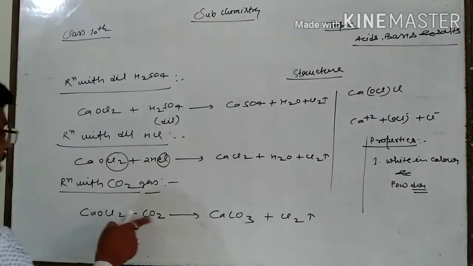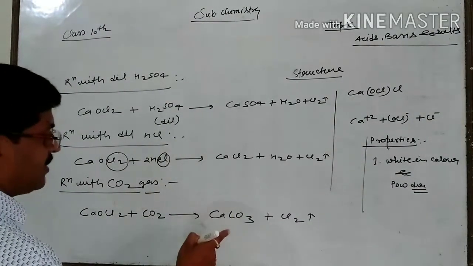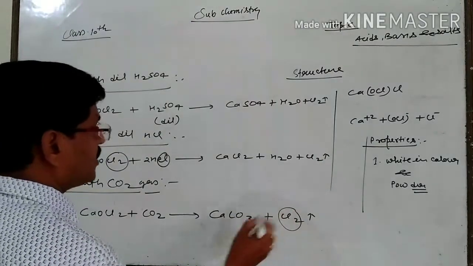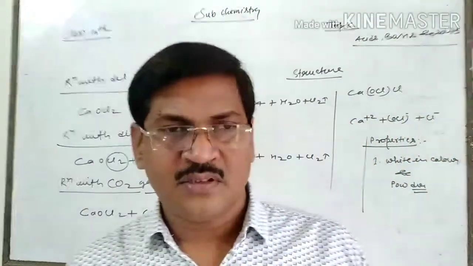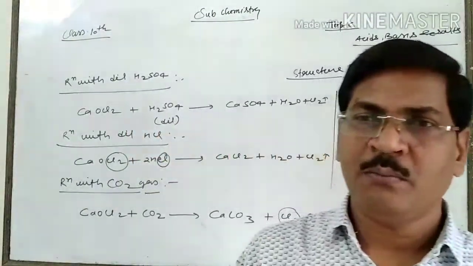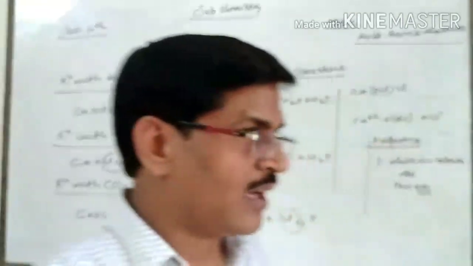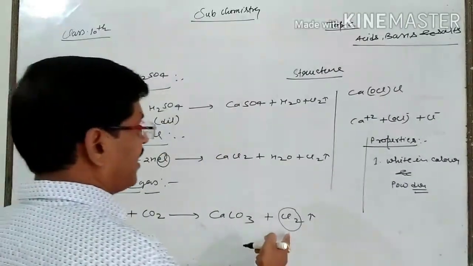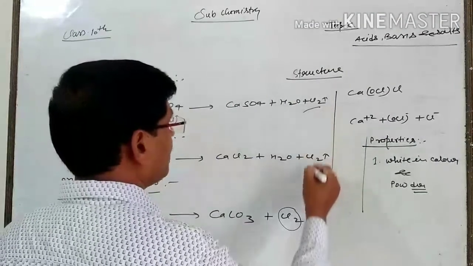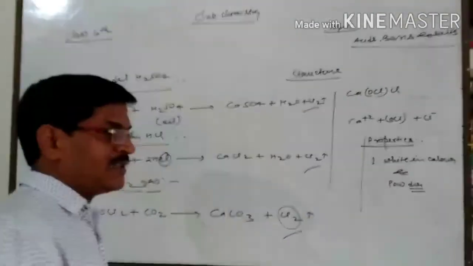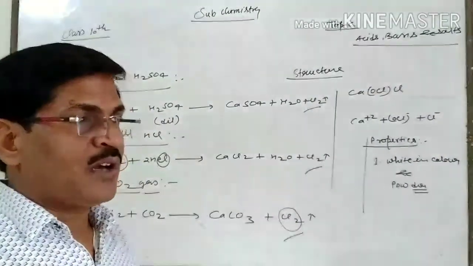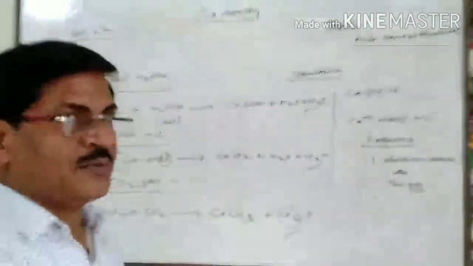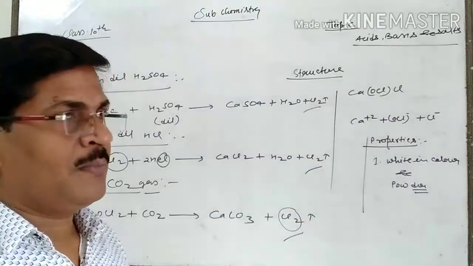CaO and CO2 combine together and give calcium carbonate with liberation of Cl2 gas. Whenever you notice a smell coming from bleaching powder, it is due to chlorine gas coming out continually. That's why you feel a special type of smell from the bleaching powder.